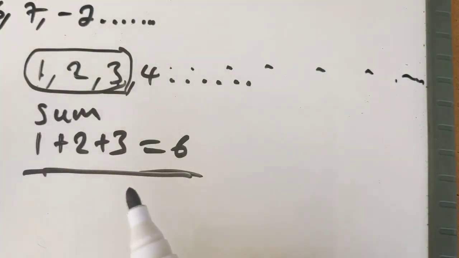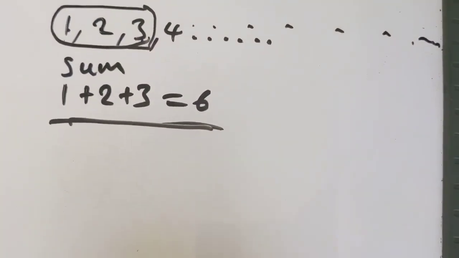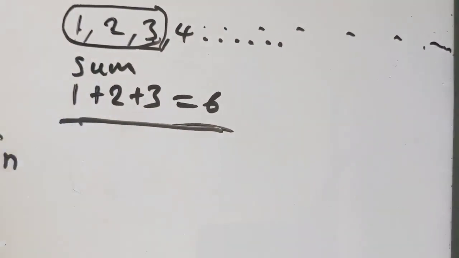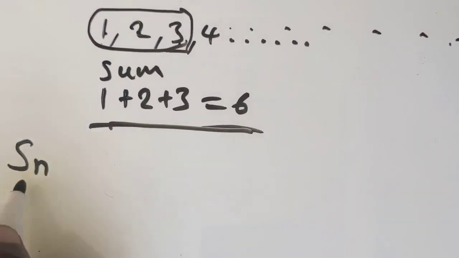So the simplest way, they have brought up a formula that you need to know, and it goes like this. Sn denotes the sum. It is represented by the sum.